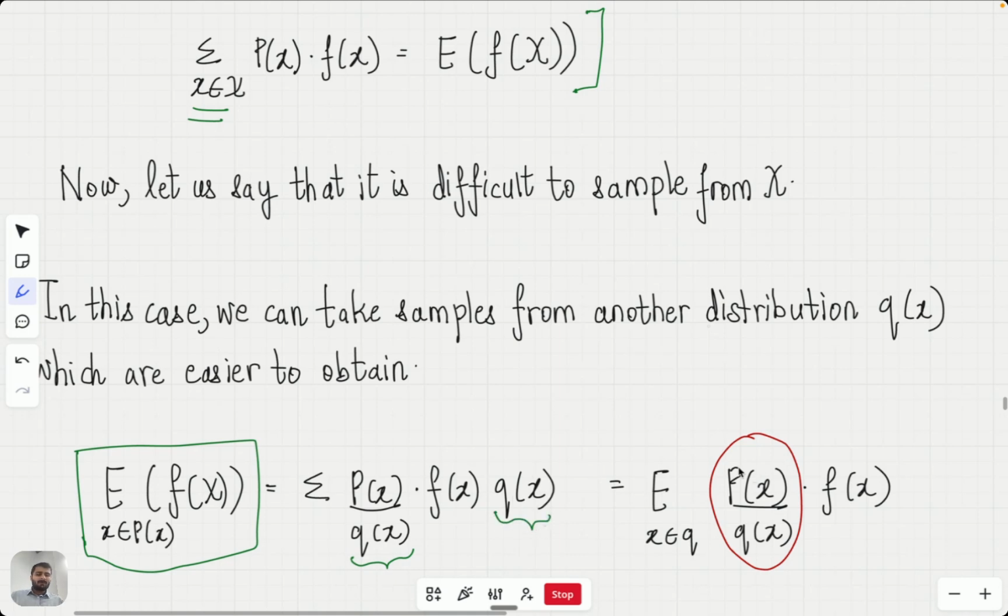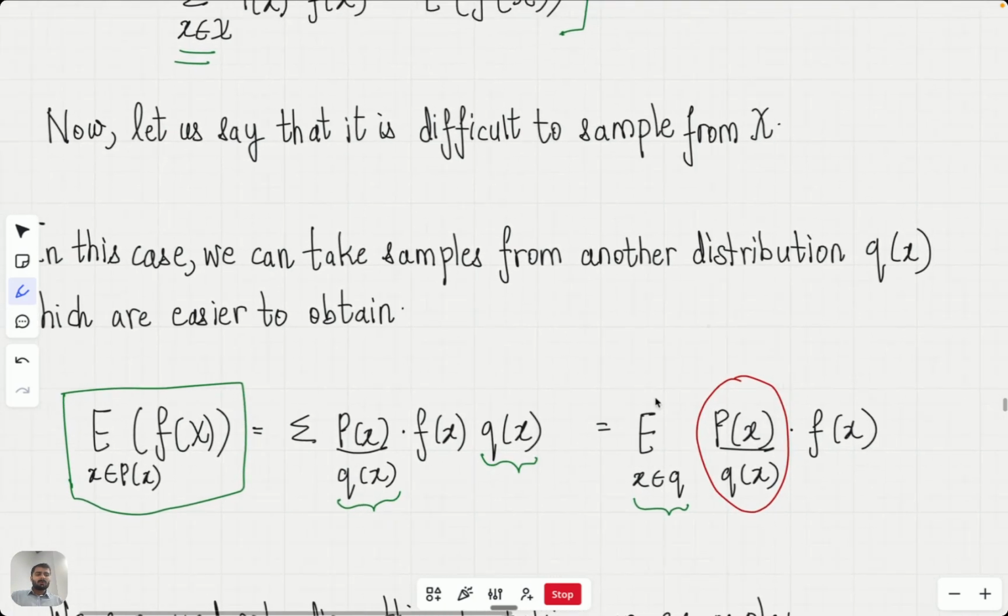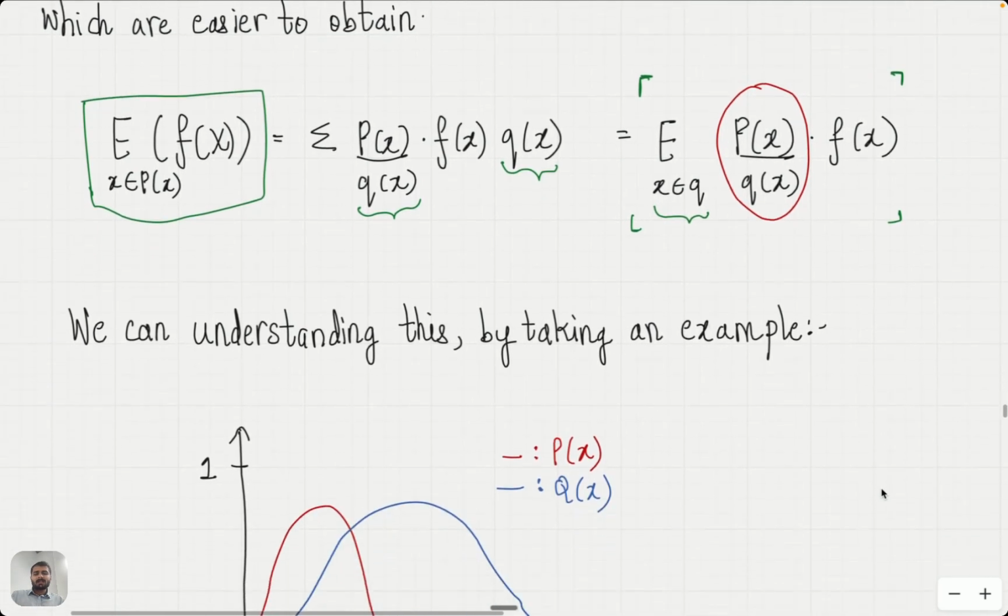And this further simplifies to an expectation over q of x, but inside now, along with f of x, you have p of x divided by q of x. So this is the expression that allows us to evaluate the expectation of f of x under p of x by sampling from q of x. This is called importance sampling. We are going to understand this in a better way right now by taking a simple example.